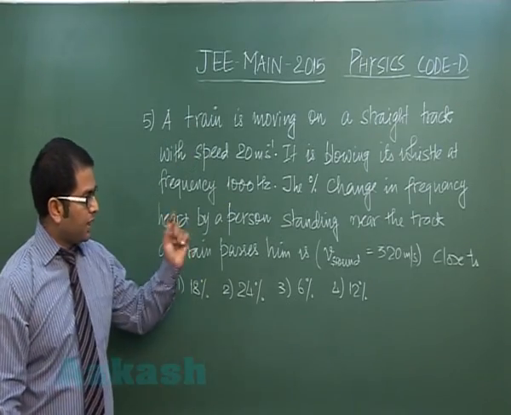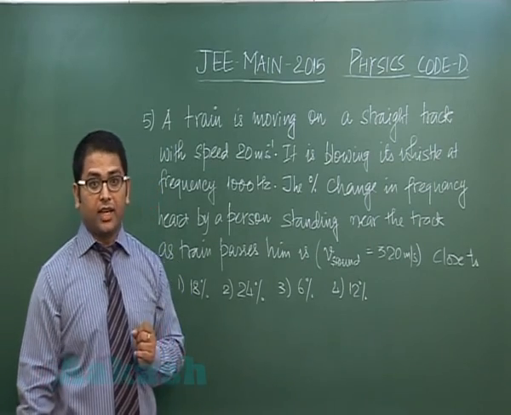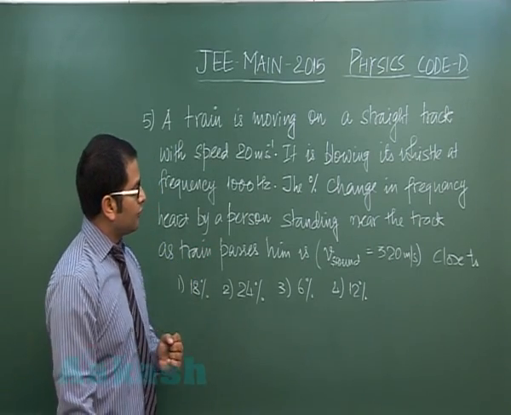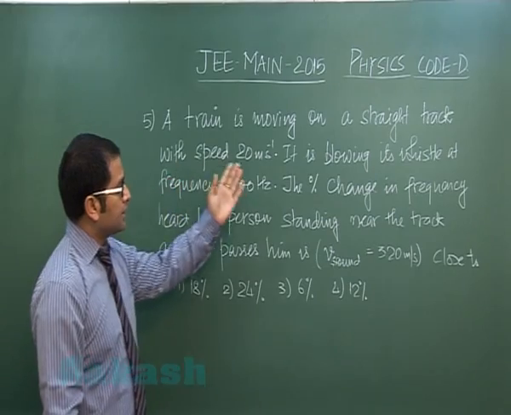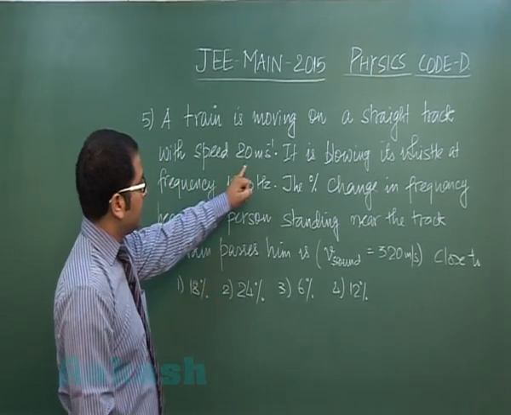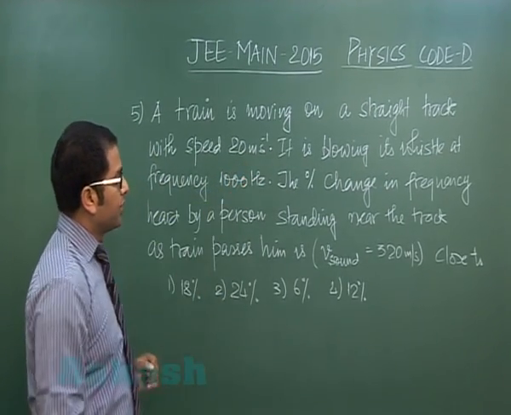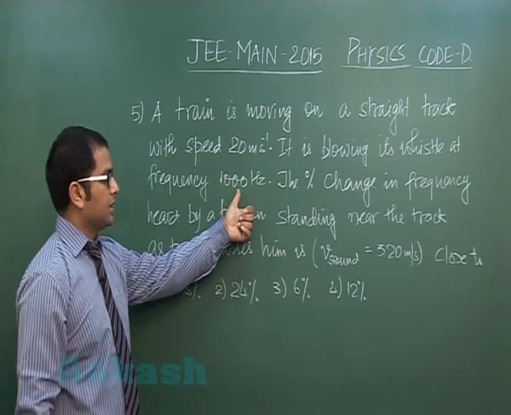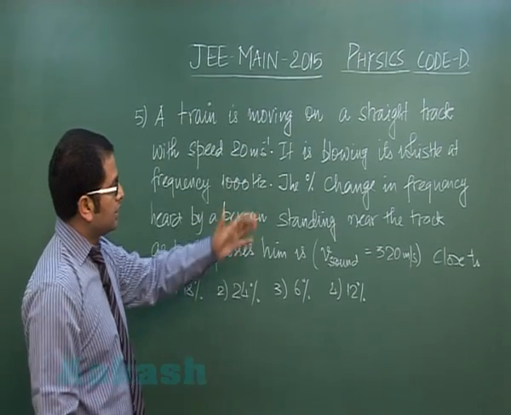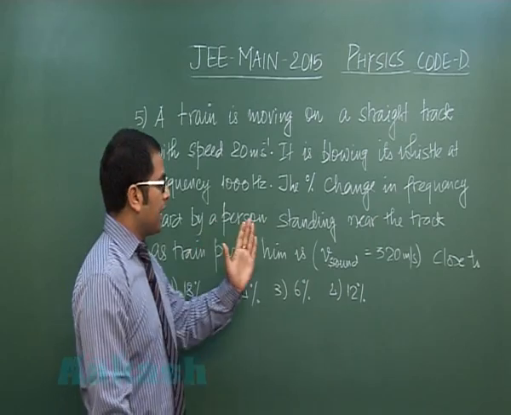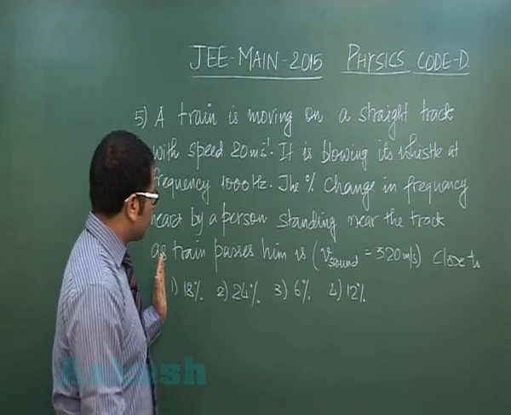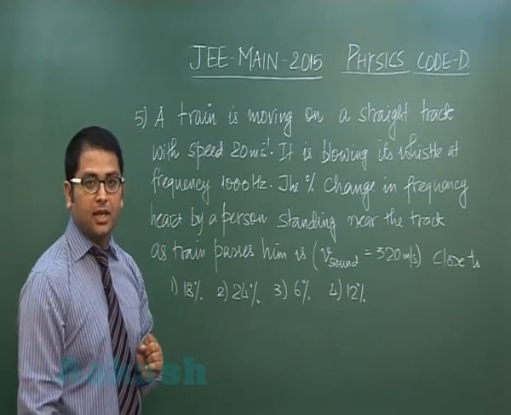Question number 5 is from the topic sound wave, and it has been set from Doppler's effect. A train is moving on a straight track with speed this much. It is blowing its whistle at frequency 1000 Hz. The percentage change in frequency heard by a person standing near the track as train passes him is.